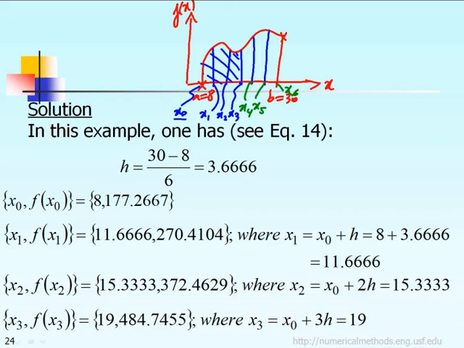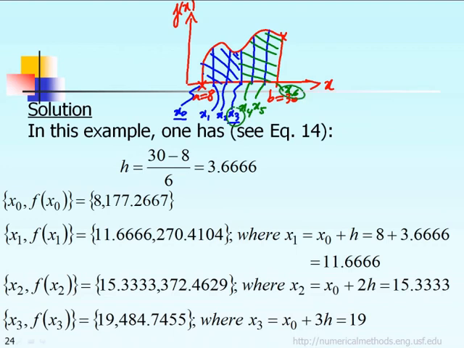The upper bound for the first segment is x3. And for the second segment, which I indicate by a green color here, the lower bound will be x3 and the upper bound will be x6.